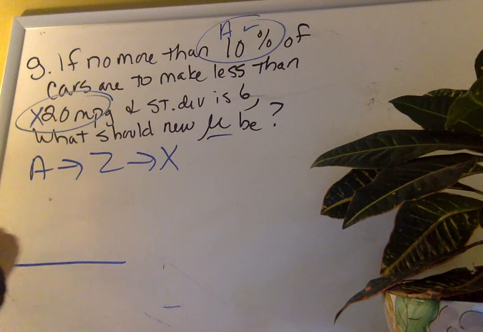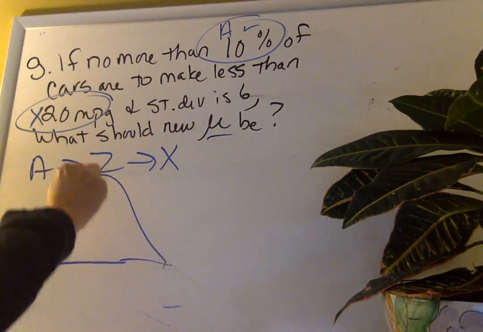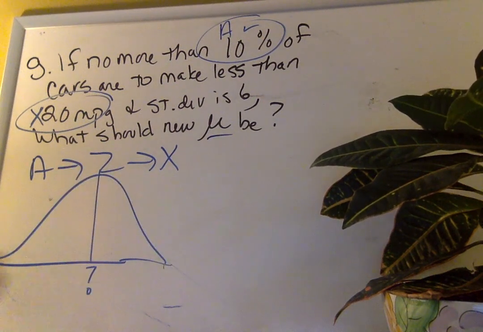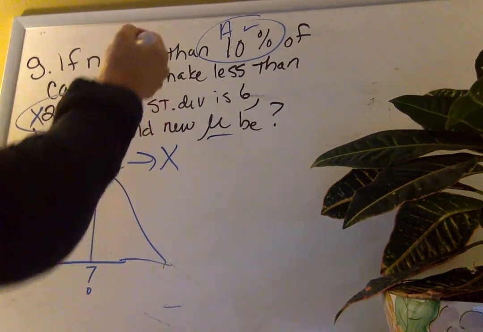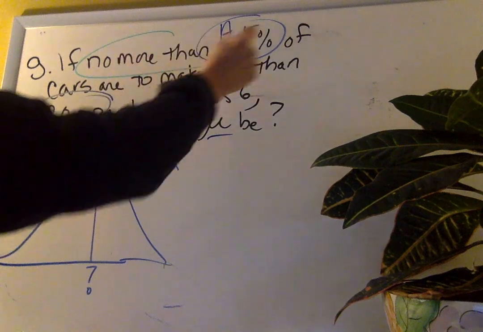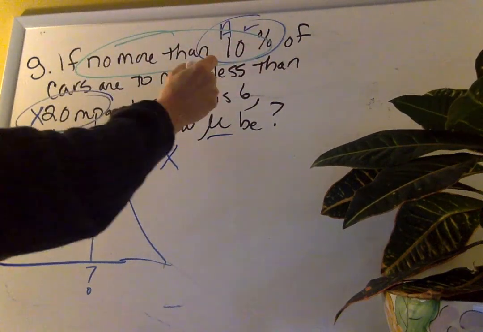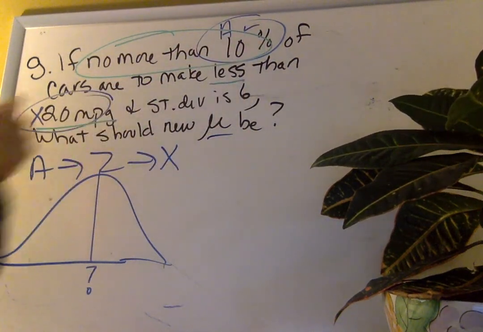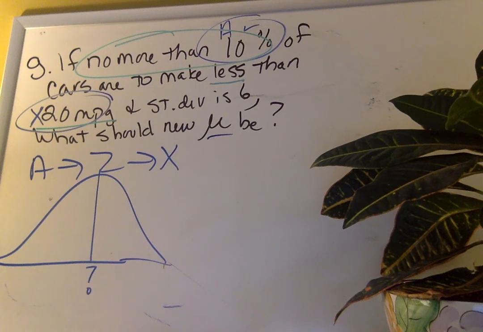All right, let me get a picture. I don't even know what the mean is. That's what they're asking me for, right? The part, let's see if I can find another color. The part that I got to try to draw a picture on right now is no more than 10% are to be less than 20 miles per gallon. So no more than 10%. Hopefully everybody knows that's a little bit.